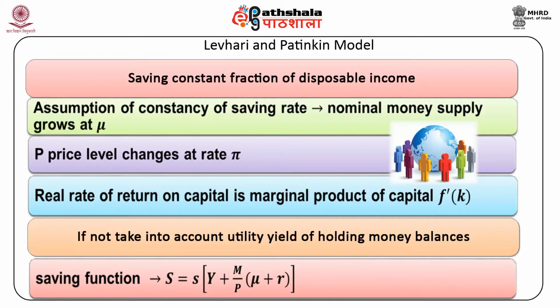If we do not take into account the utility yield of holding money balances, then the saving function is S = s(y + m/p (mu + r)).